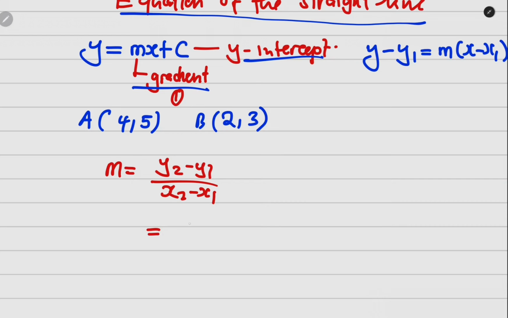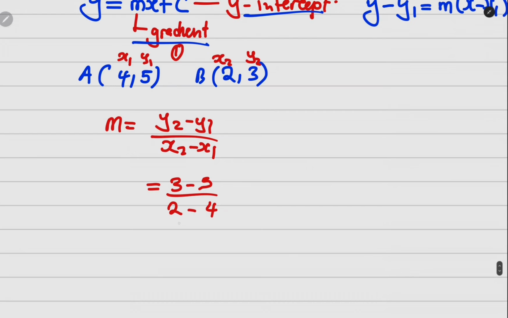This is x1, y1, x2, y2, so it is going to be 3 minus 5, over 2 minus 4.